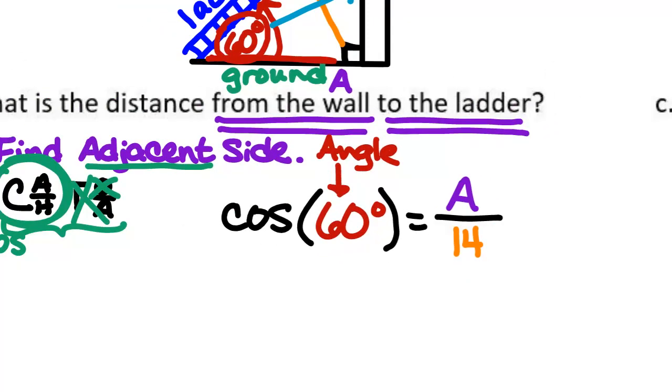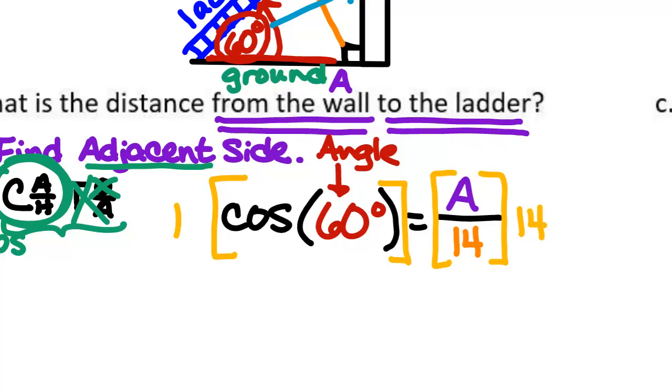So now how do I get the adjacent side, the A, isolated by itself? Multiply by 14. Cancel out my denominator. So now I need to grab my calculator.